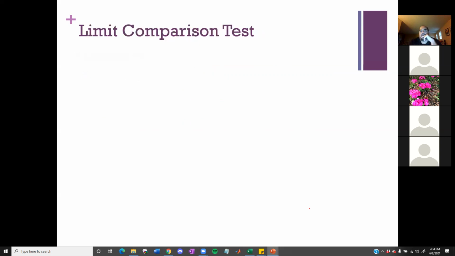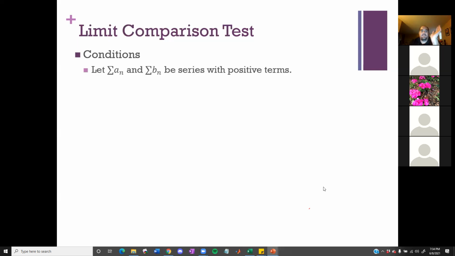And that's called the limit comparison test. In the first test, I'm comparing these sequences directly. In the limit comparison test, I can't compare them directly because it doesn't help, but I can compare their limits. Same conditions: I have two series whose sequences have positive terms. One of those is a known series, and the other is a series I'm trying to learn something about.